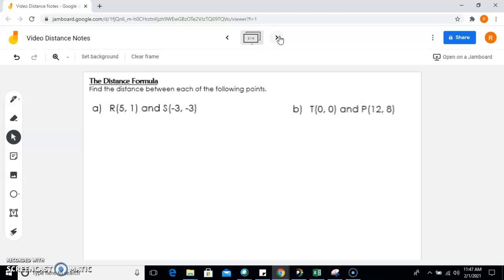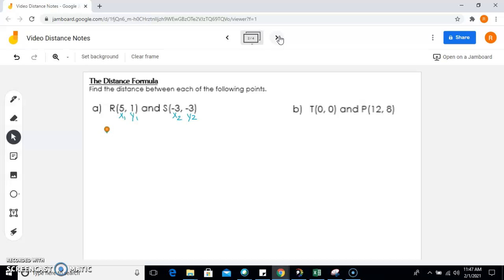So again, these next two are asking us to find the distance between each of the following points. We have R at 5, 1 and S at -3, -3. So first I'm just going to label my ordered pair. First point is x1, y1. Second point is x2, y2.